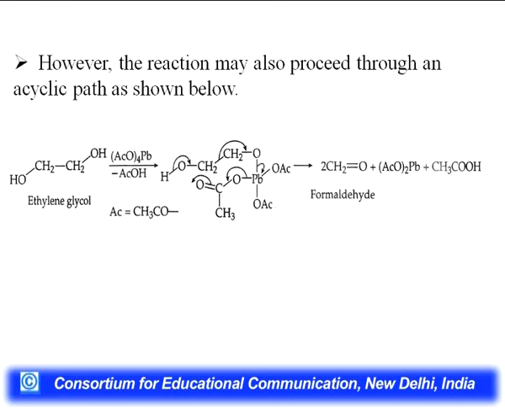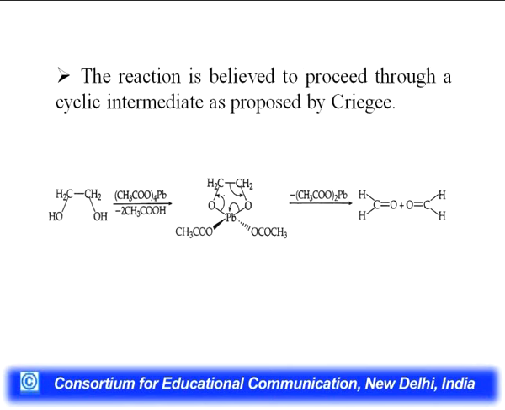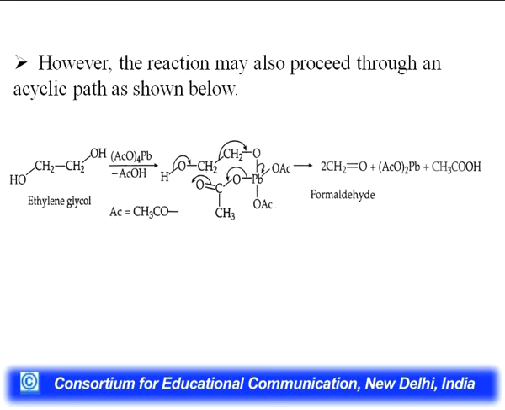However, the reaction may also proceed through an acyclic path as shown below. You can see the ethylene glycol. What is the difference between this structure and the previous structure? You can see the OH groups are on the same side, and here the OH groups are on the opposite side, that is anti-conformation.